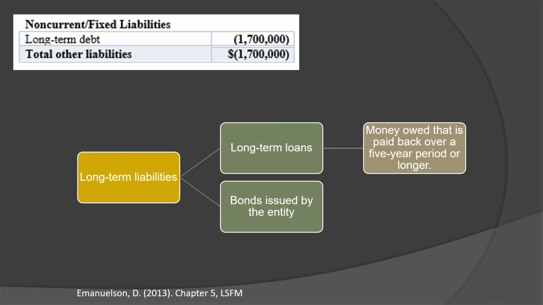You might own a car. Maybe in 4 years your loan is due. That would be a short-term loan. Whereas a mortgage is a long-term loan because you're paying it for many years. In this case, Fitness R Us has some sort of long-term debt, quite a bit, $1,700,000.